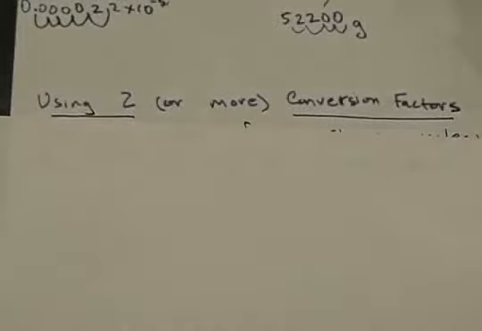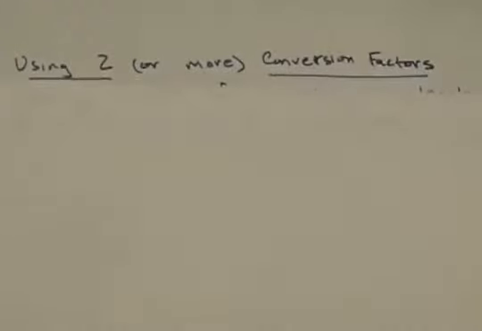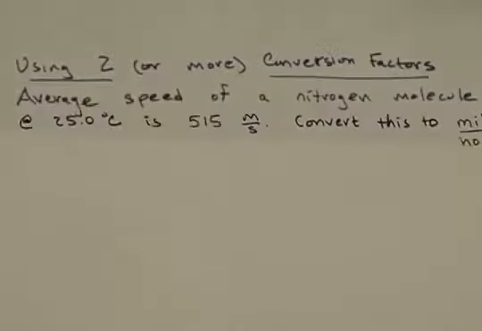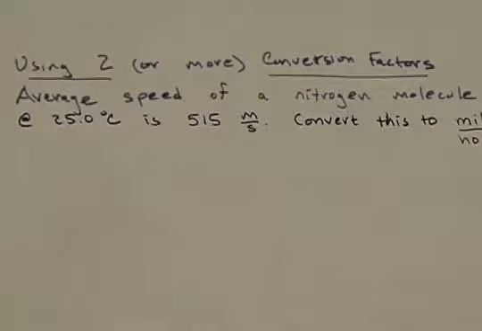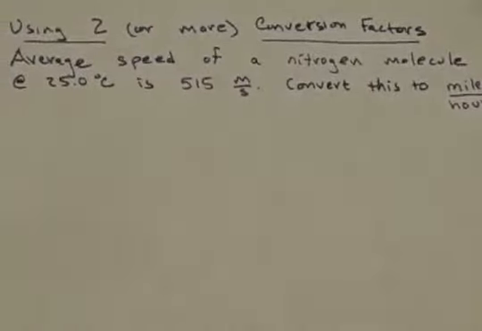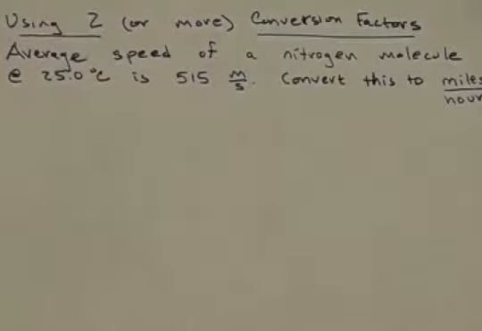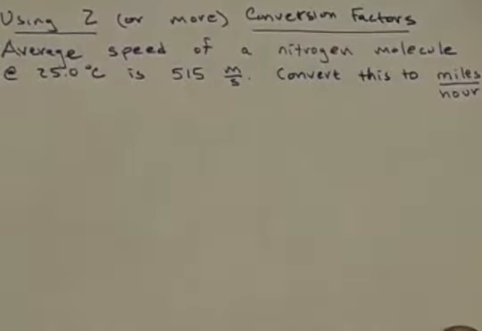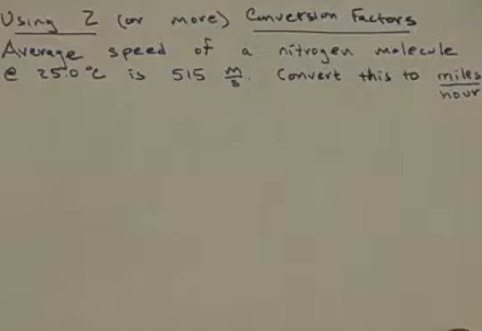Next thing we're going to take a look at is using 2 or more conversion factors to do a conversion. Here's an example problem. The average speed of a nitrogen molecule at 25 degrees Celsius is 515 meters per second.